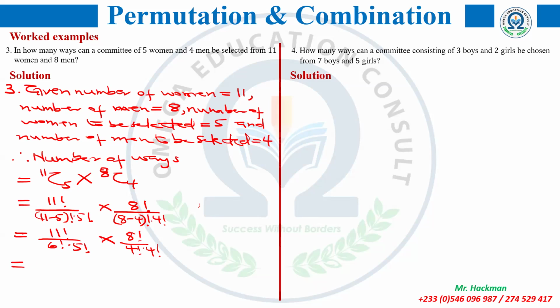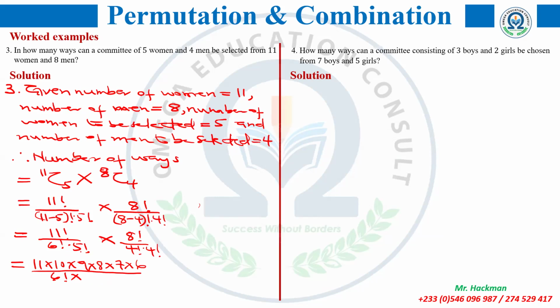So you write 11 times 10 times 9 times 8 times 7, then times 6 factorial, all over 6 factorial. Then times your 5 factorial, but if you like, you can write it out as 5 times so that you can easily cancel. It is allowed.